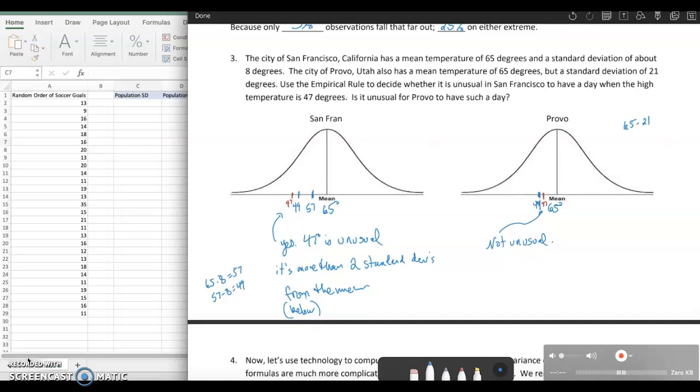For the city of Provo, it's within 1 standard deviation of the mean. So it's in that 95%, or sorry, 68% range. 68% of the days fall within 1 standard deviation of the mean, so this would not be considered unusual. So you can see how a certain value could be unusual for one situation and not unusual for a different situation, depending on the mean and the standard deviation that we're talking about.